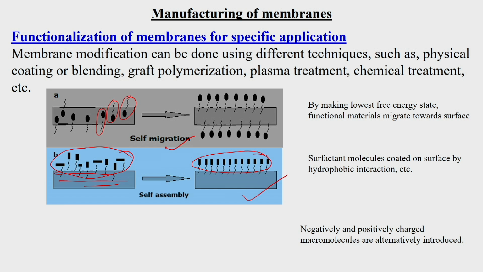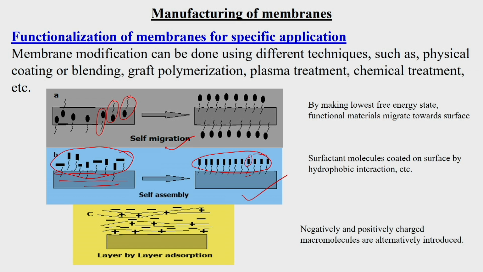There is a hydrophobic tail and a hydrophilic head. So, if it is a cationic surfactant, an anionic surfactant, a zwitterionic surfactant, or a non-ionic surfactant, depending on the surfactant property, we will be able to selectively separate a particular component using that type of self assembly polymeric membrane.